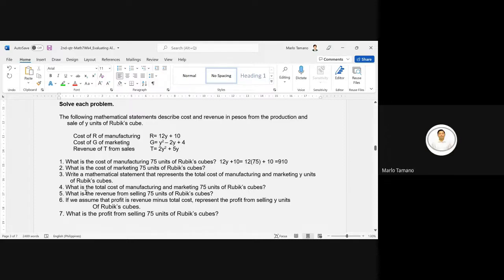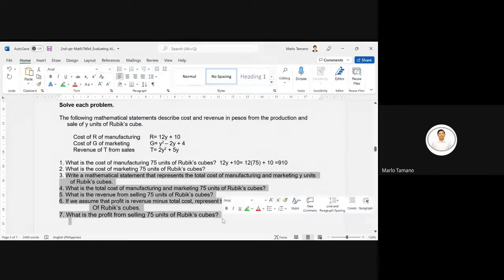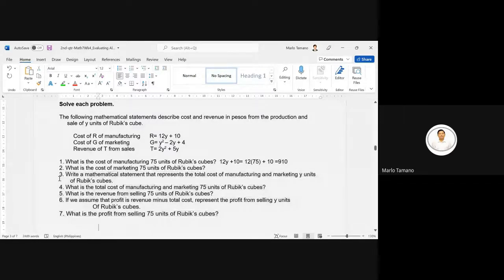Okay? So, number 3, number 4, number 5, number 6, number 7. Pwede niyo po i-solve yan tapos yung tama po ang bibigyan ko ng recitation na perfect 5. Paunahan na lang kayo. Ilan lang to? 1, 2, 3, 4, 5. 5 lang po yan. So, 5 estudyante po ang mag-uunahan.